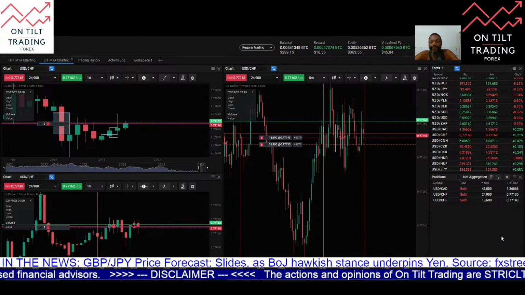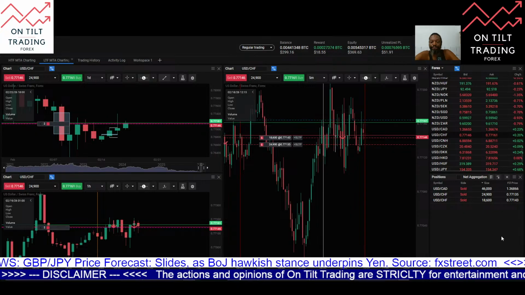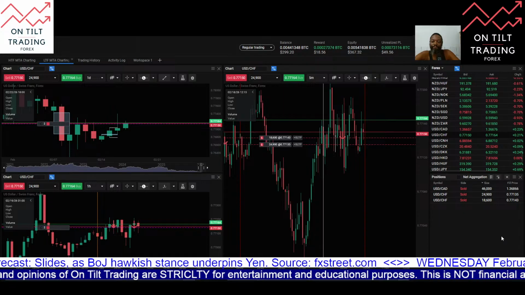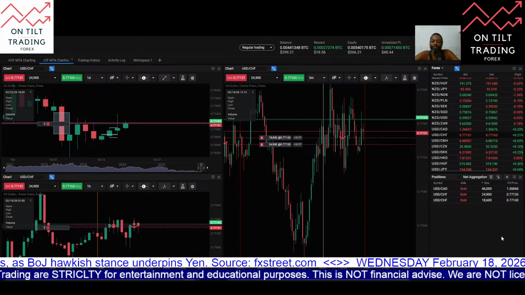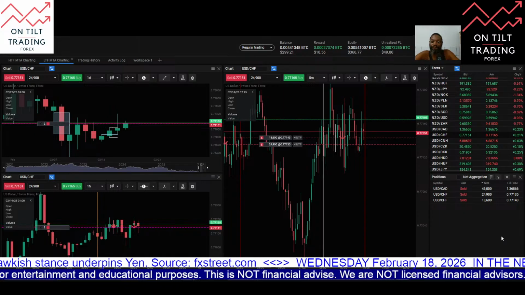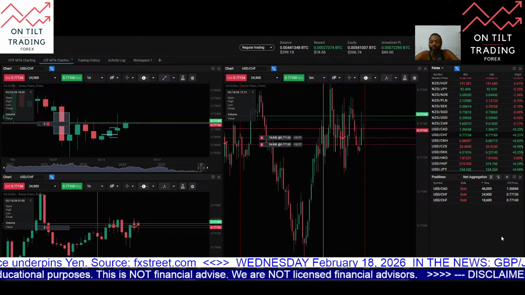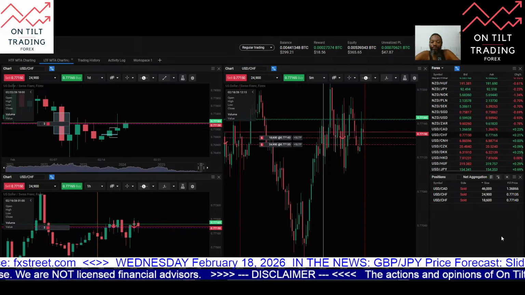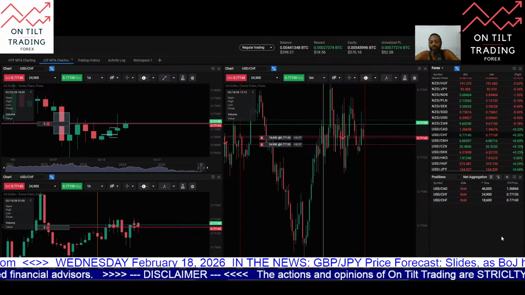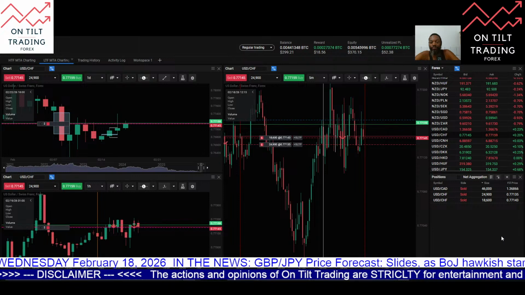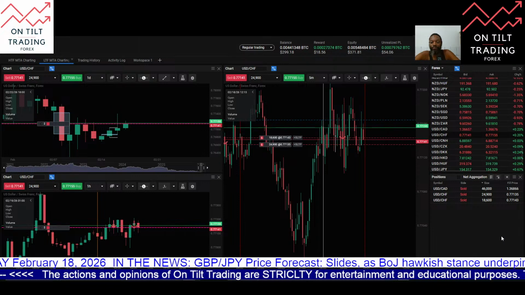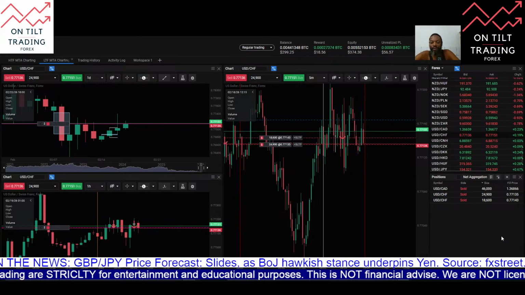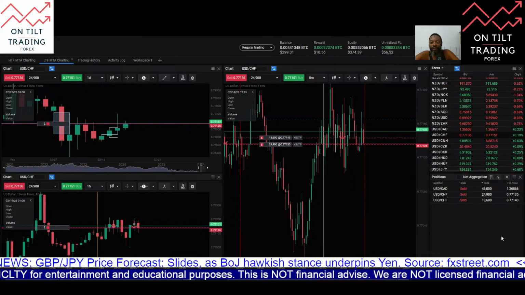Price consolidating here. Price testing the new 5-minute low.